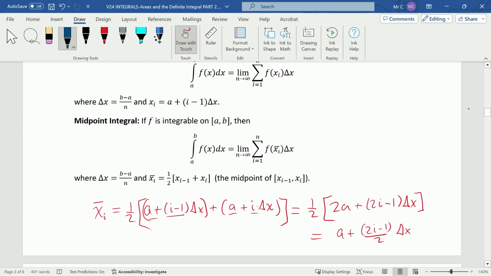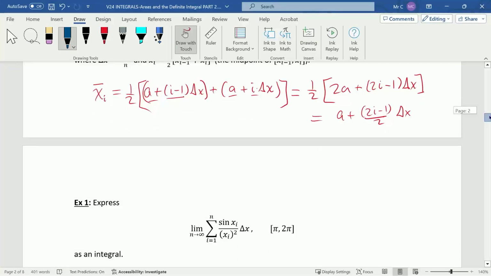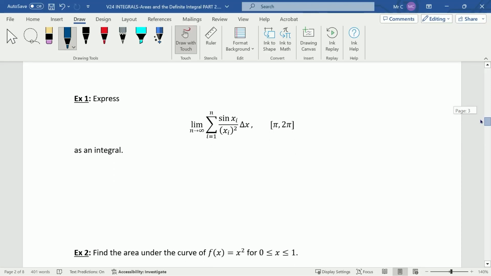Okay, so now let's try to apply this idea. First, we're going to express this limit of a Riemann sum as an integral, and we're given the boundaries from pi to 2 pi. So, what's my function here? This is f of x sub i. So f of x is just sine of x over x squared.